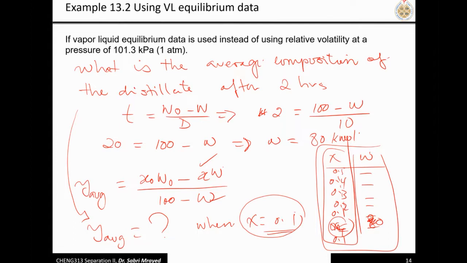That says here, integration from x0 to x final, dx over y minus x, equals ln w over w0 here. So at each x here, you're going to find w. That's the way we did it in the previous examples. Okay.